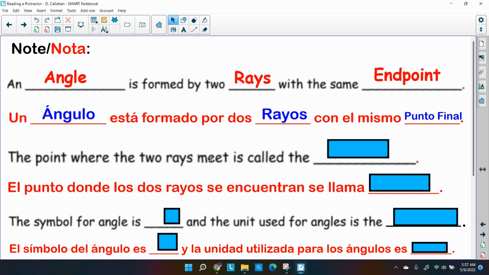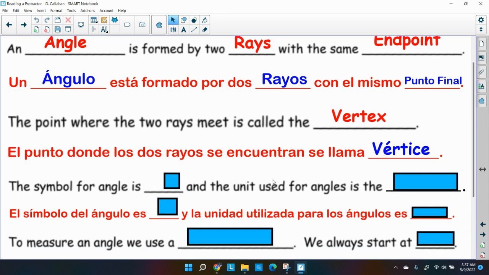Now, the point where two rays meet is called, yes, we said the vertex already. So that's the point where they meet. Move down a little bit more. And here's the symbol. You may see this little circle. That's the symbol for an angle. And the unit used to measure these are called degrees, grados. So that's good to know, good information.